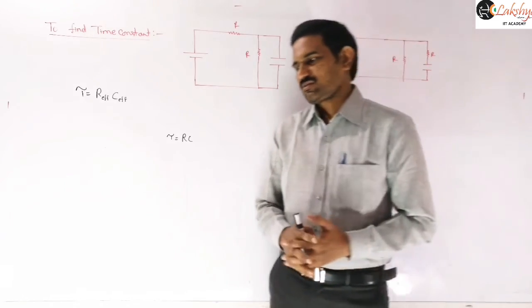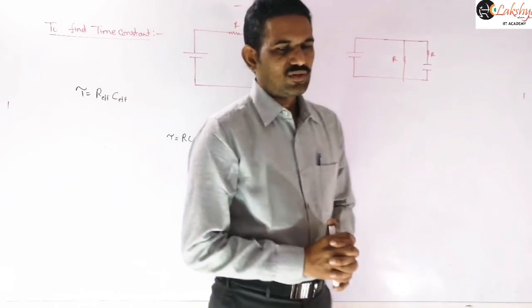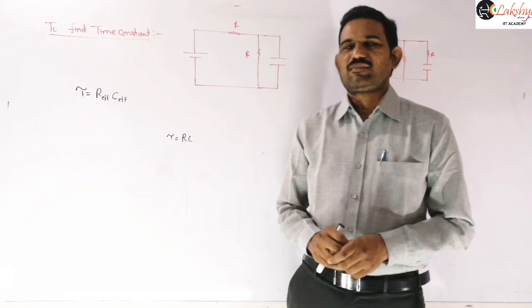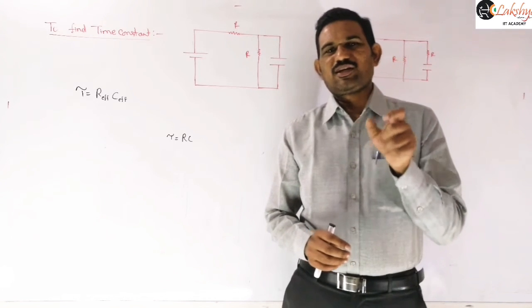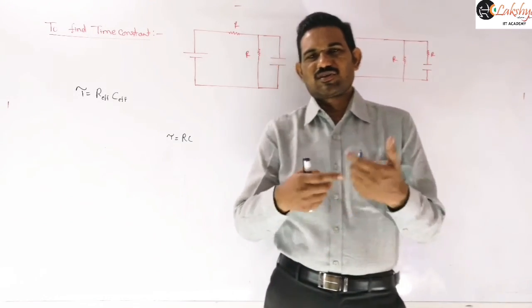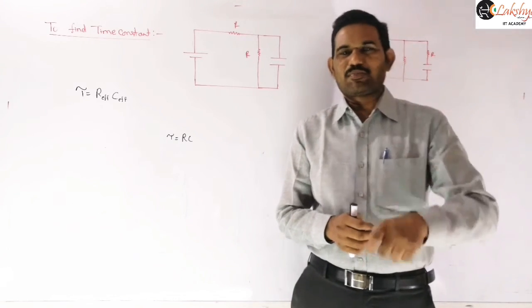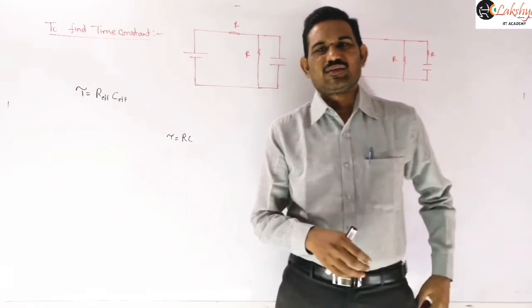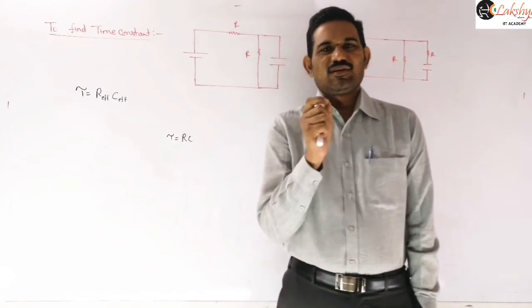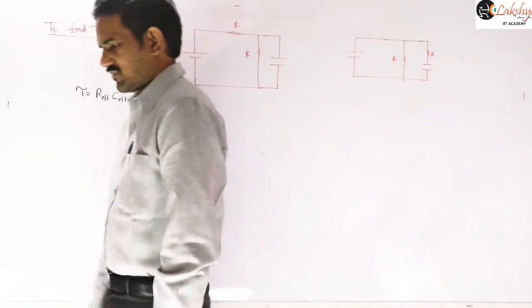So in that, first point: short circuit all the cells present in the circuit. Short circuit means you may write in brackets, replace the cell by a conducting wire. You know that already. If any cell is connected, we replace that cell with a conducting wire, right? So that means short circuit all the cells present in the circuit. The meaning of that, in brackets you may mention, is replace the cell by a conducting wire, right? So that is the first step.